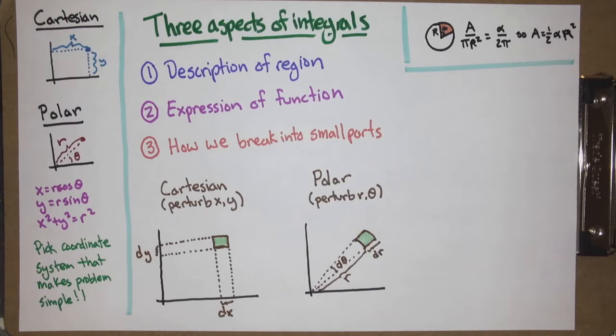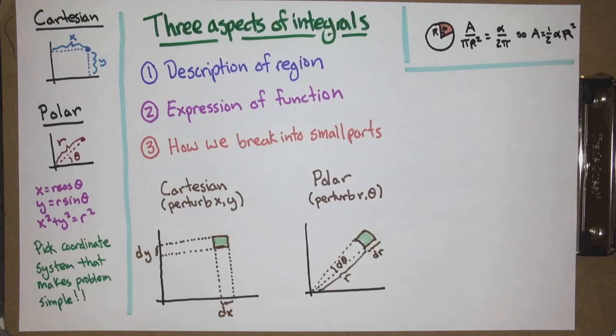Now you can lay them on top of each other, and that's where we get the formulas for x equals r cosine theta, y equals r sine theta, x squared plus y squared equals r squared. And there's this note: pick the coordinate system that makes the problem simple. Notice that when we change our coordinate system, we don't change our space.